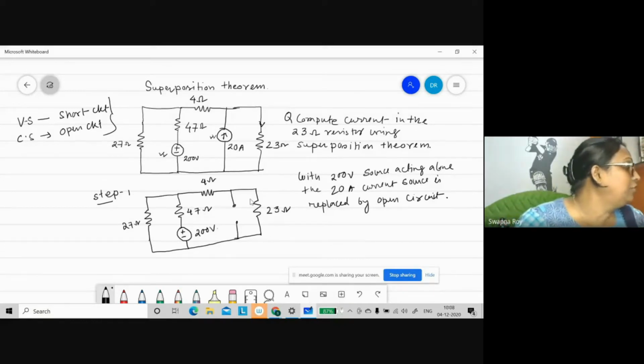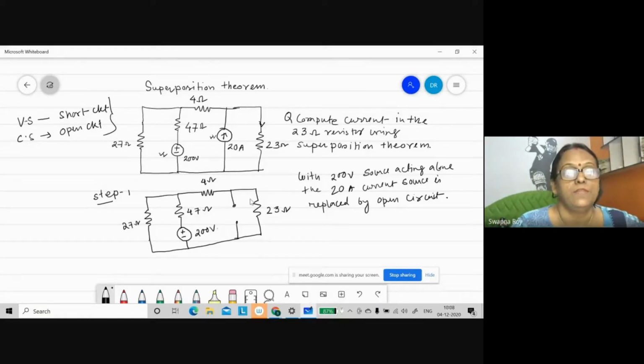Then what will be the equivalent resistance? Find out the equivalent resistance of this circuit. We can see 47, and this 4 plus 23. Current is going through this path, some current through this path and some through this path.